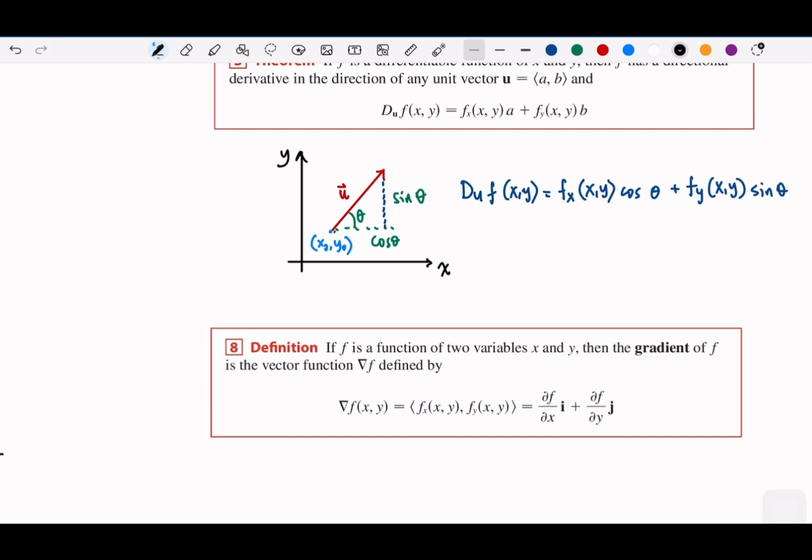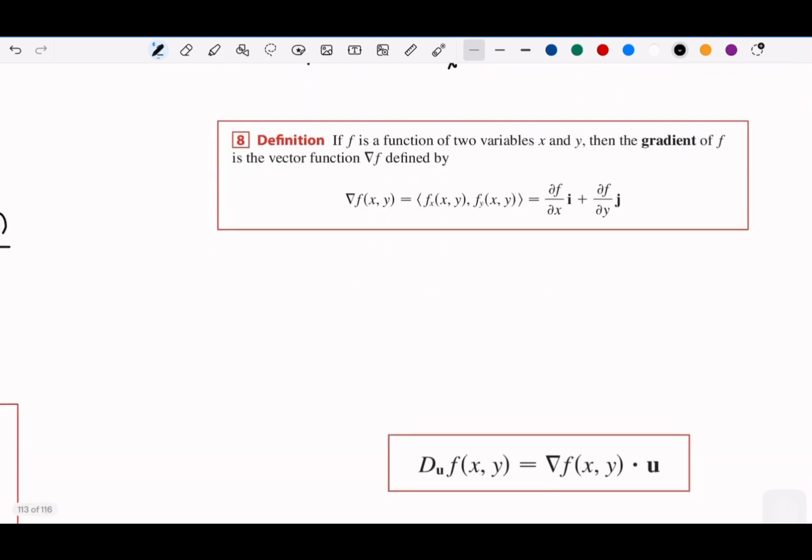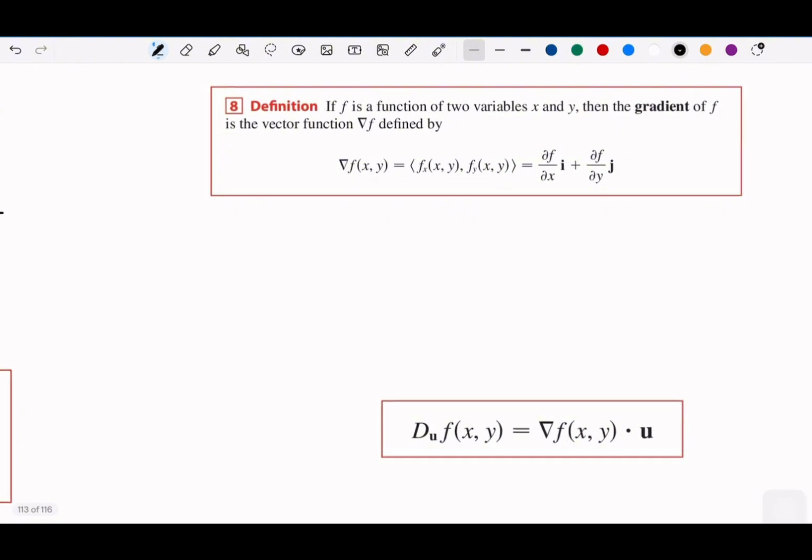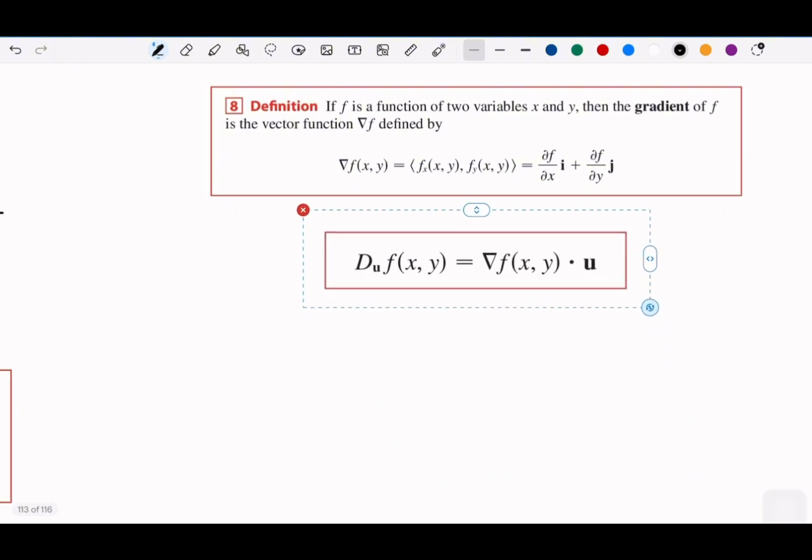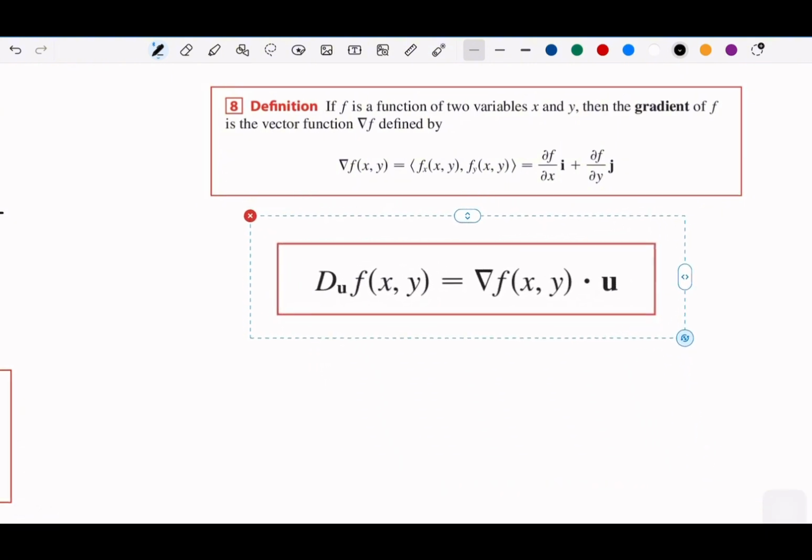And basically, we can write the whole thing like this. Let me just give you this. Okay, I will rewrite again. So the directional derivative is basically just the product of the del f with the unit vector.